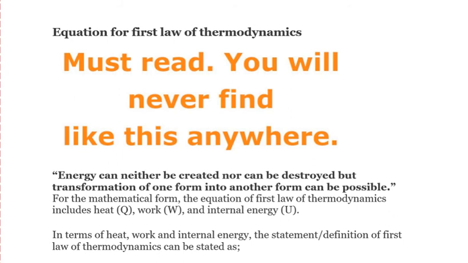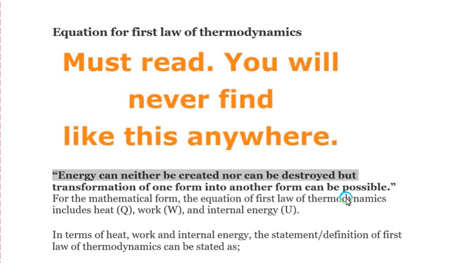So here, I will explain the entire concept hidden in the equation of the first law of thermodynamics. In the previous lecture video, we saw that the first law of thermodynamics, as in our discussion above, is nothing but the law of conservation of energy. So, that is our explanation: energy can neither be created nor destroyed, but transformed from one form into another.